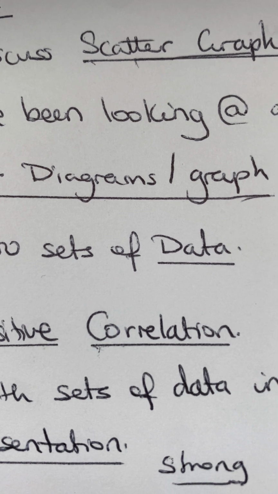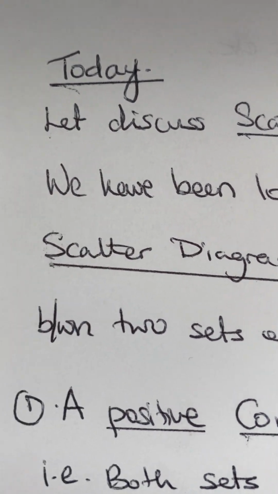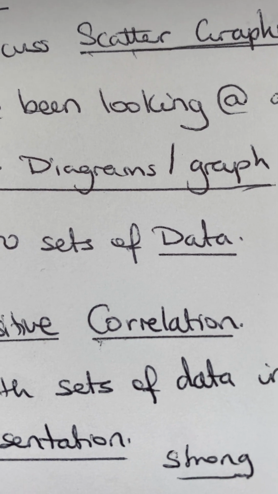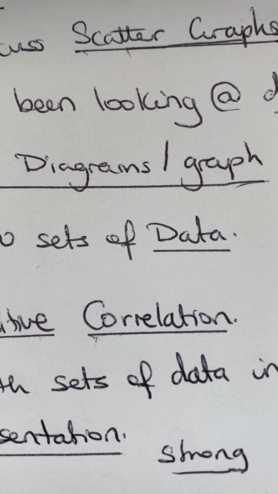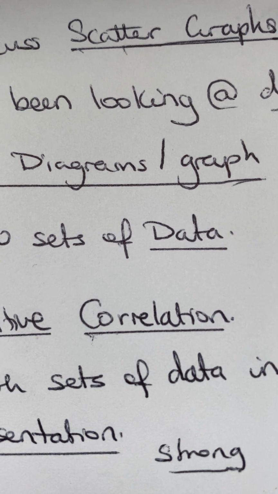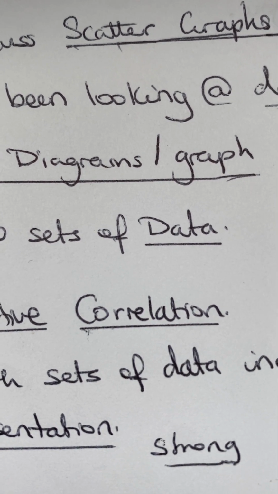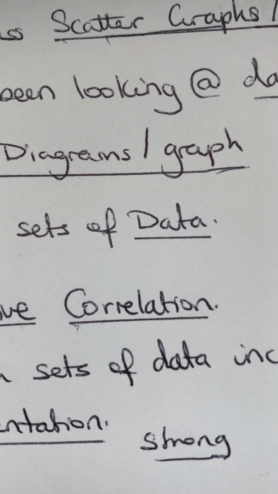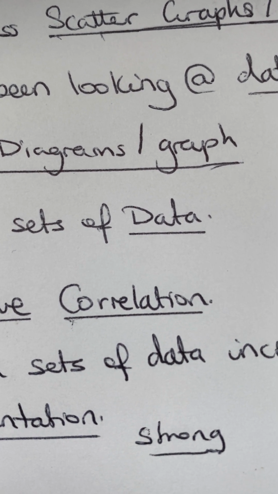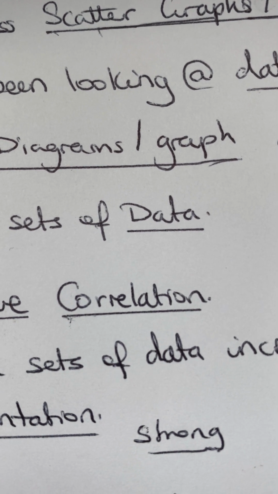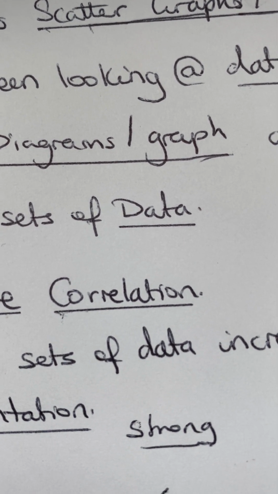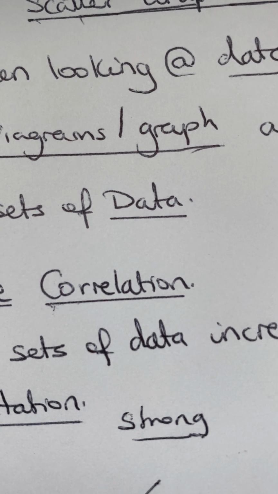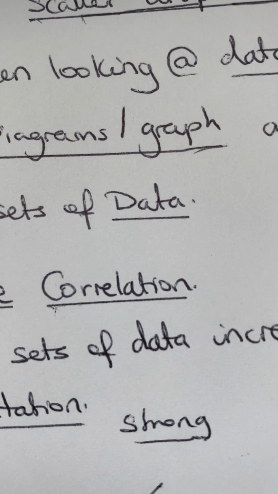So it is a way of looking at two sets of data. For instance, if you have a child, normally after birth you have to take them to visit the health visitor. They weigh them and take the length of the baby, and you can see a relation. The health nurse draws a graph.